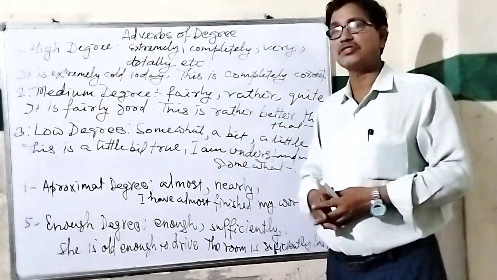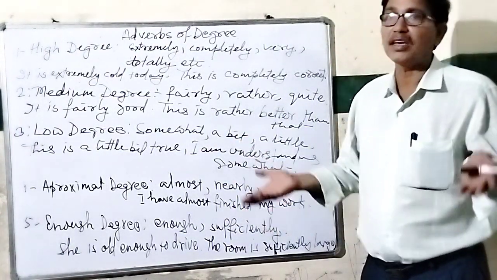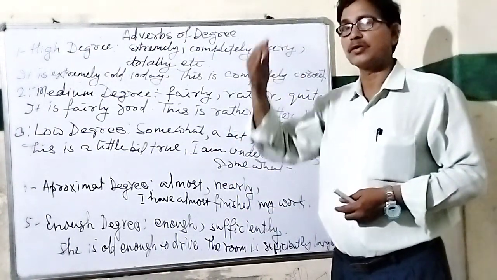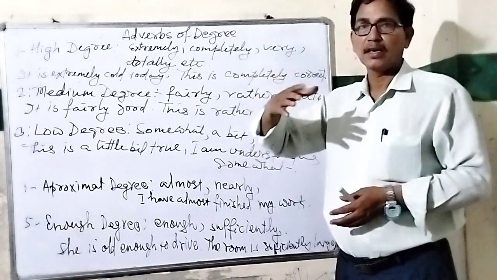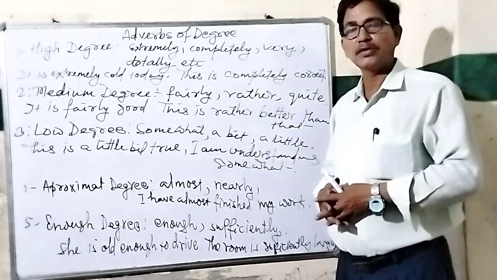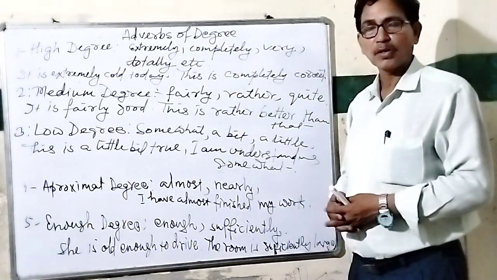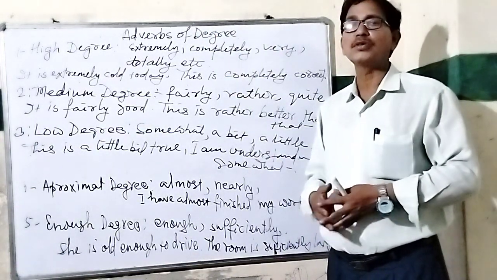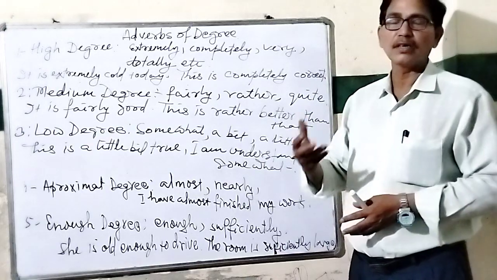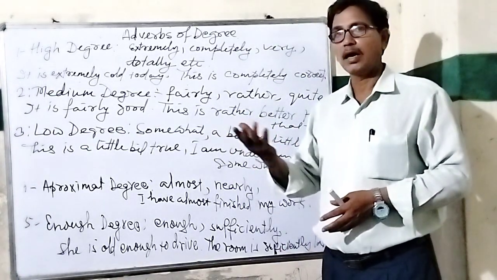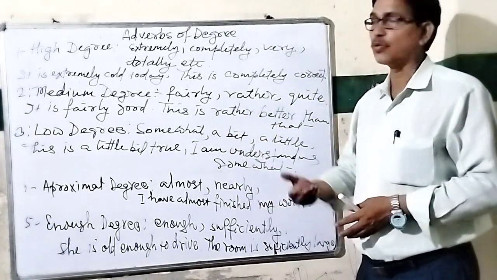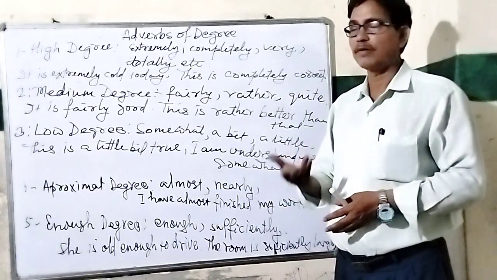Suppose she is beautiful, so she is very beautiful. It means I am trying to intensify, to make it very high up to a large extent. When we ask the question, we use how much, for example, to what extent, to what degree. In this way we ask questions.